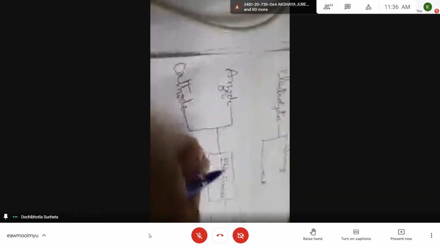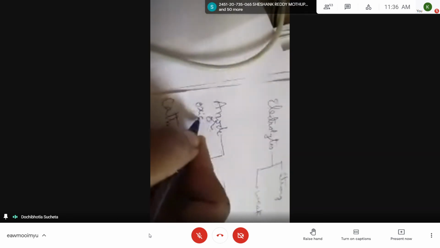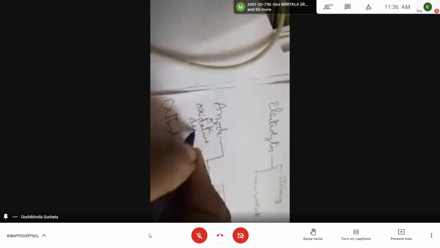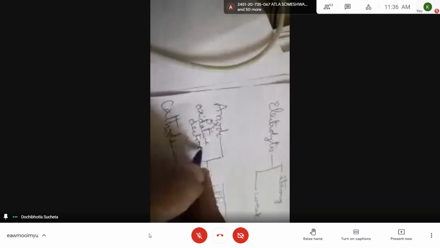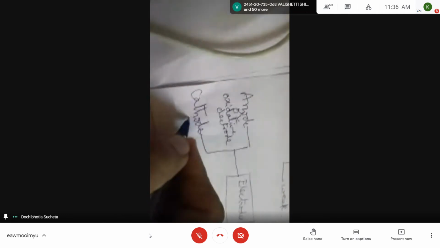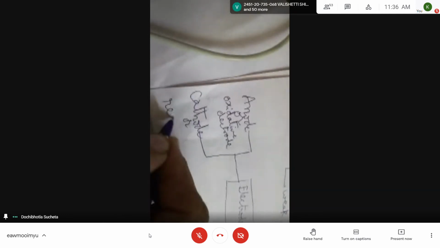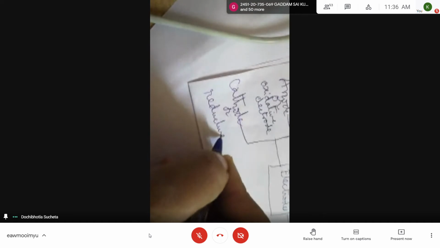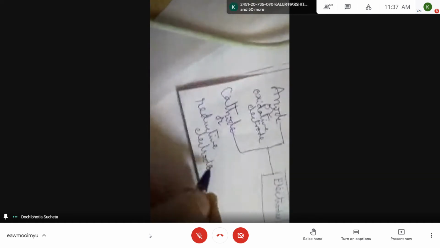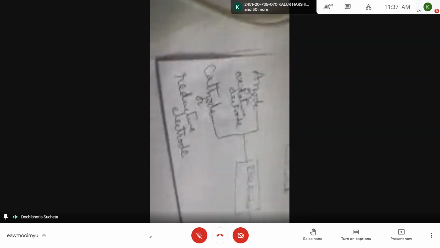Anode or oxidative electrode. Cathode or reductive electrode.